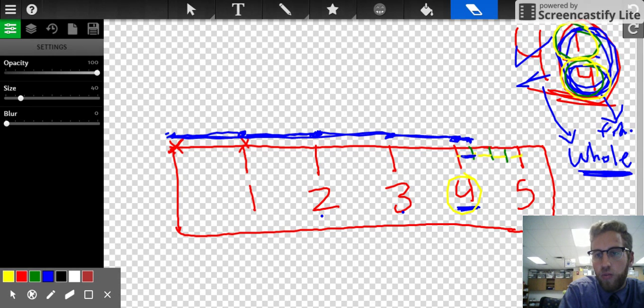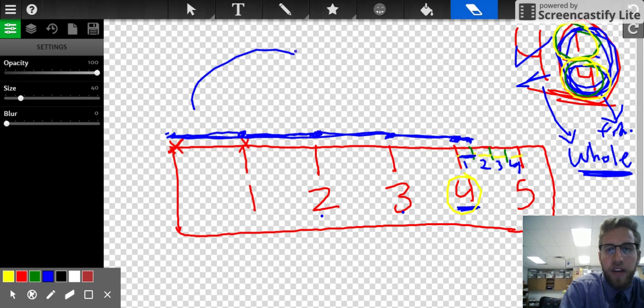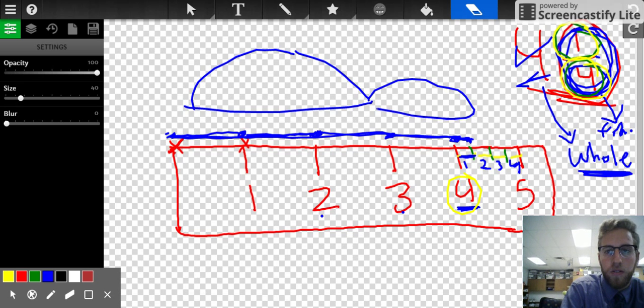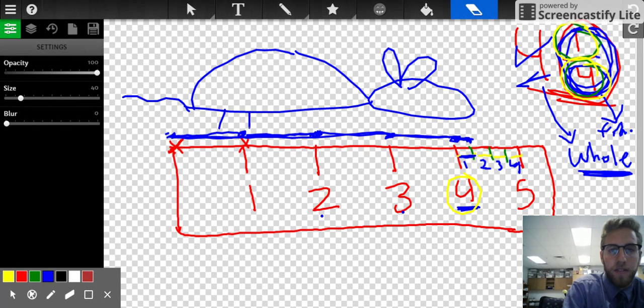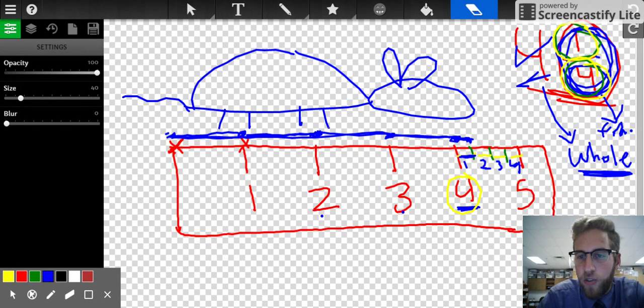I'm going to color in 1 out of these 1, 2, 3, 4 parts. Got like mini parts there. And that is my mouse. Okay. So he's 4 1/4 inches long.